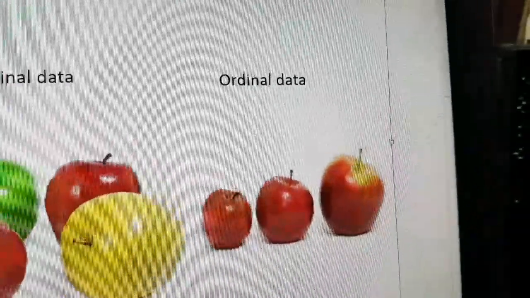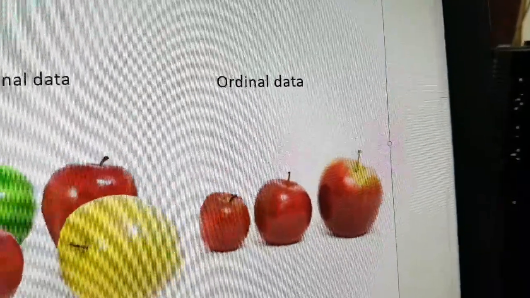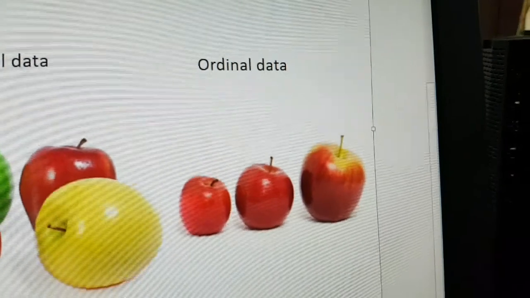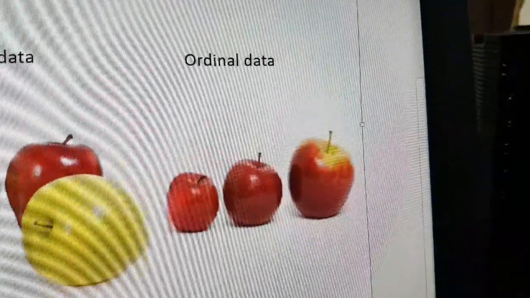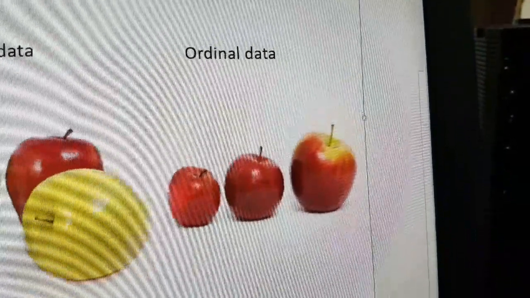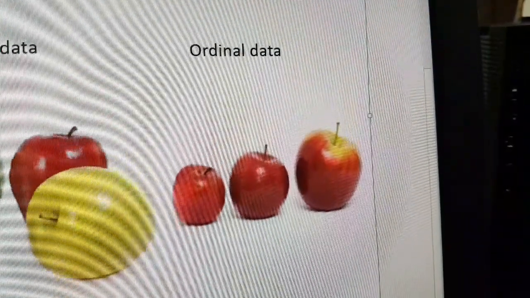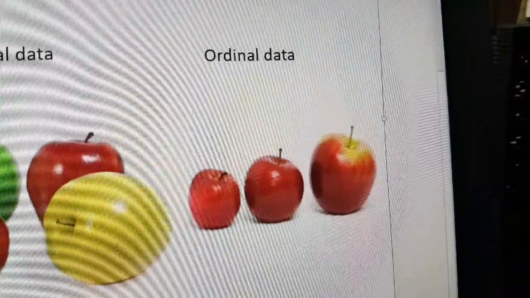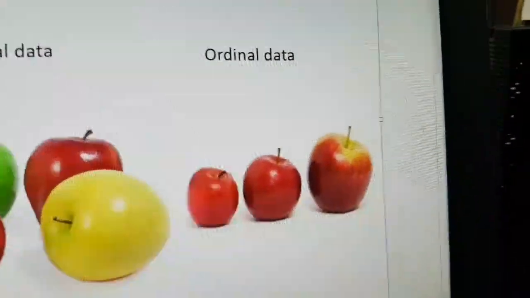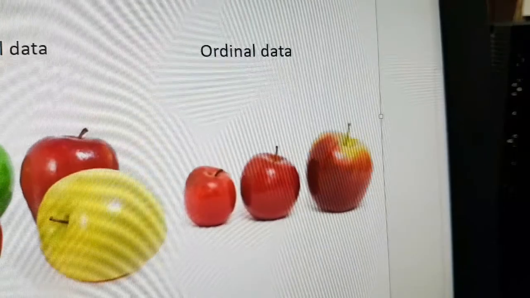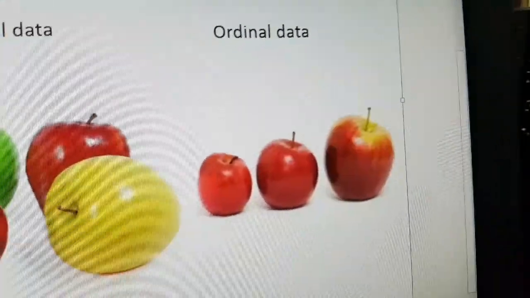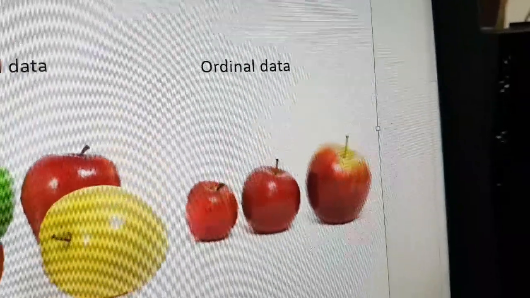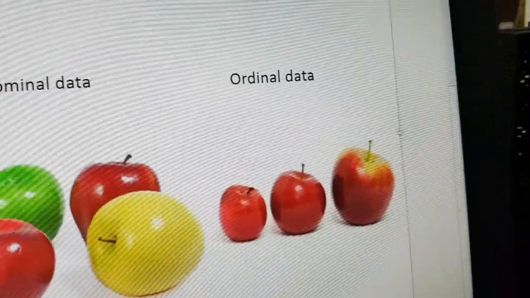And the last one, here I am going to classify these apples by size: small, medium and large. There is no numerical value, but I am classifying by size. This is the best example of ordinal data because there's an order for this classification: small, medium, large.